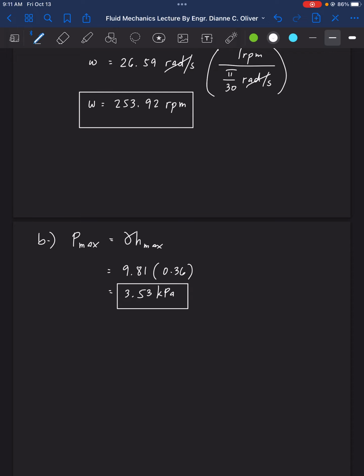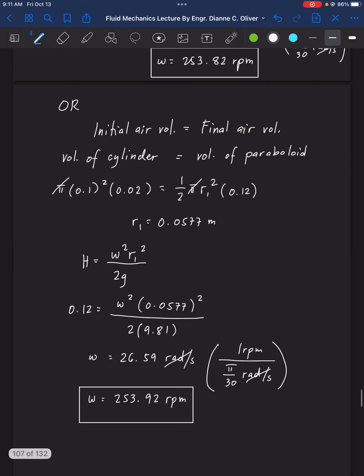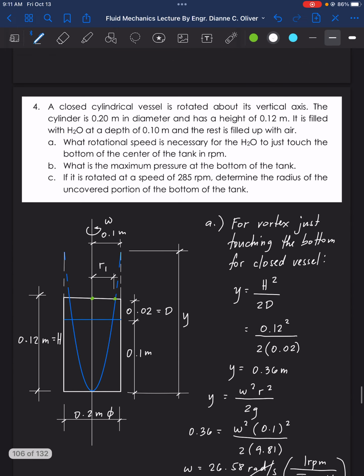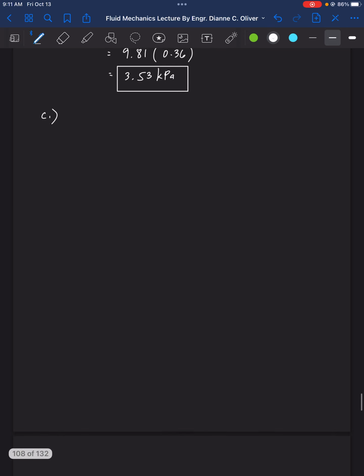That's for letter B. Now for letter C, what's the condition for letter C? If it is rotated at a given speed of 285 RPM, determine the radius of the uncovered portion of the bottom of the tank. So there is a rotation here given the rotational speed.